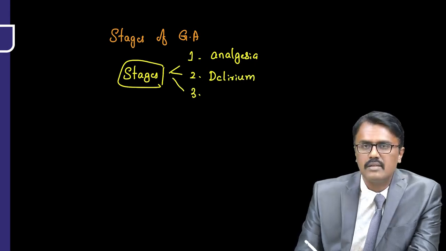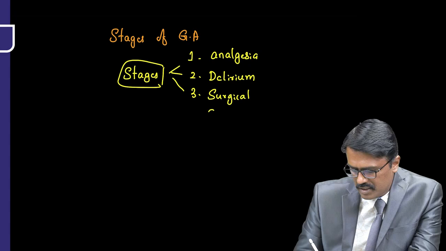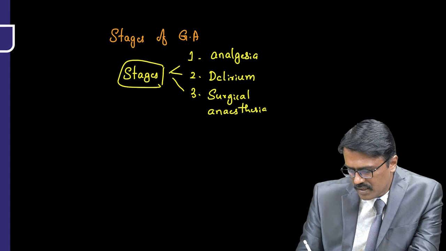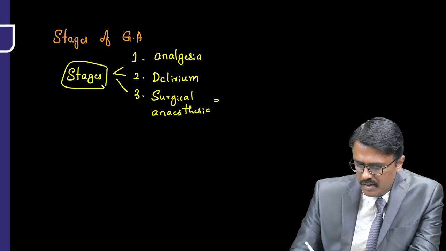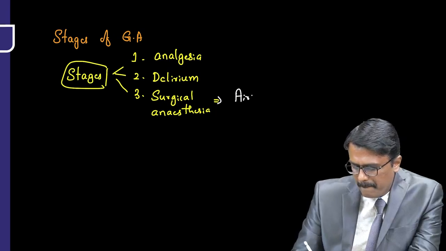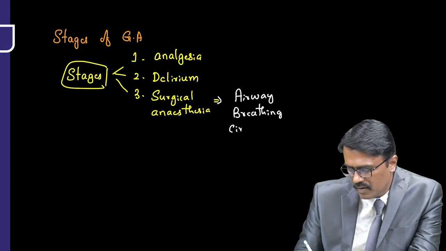The third stage is the stage of surgical anesthesia. This is the stage where the surgery is performed, and the anesthetist will maintain the airway, maintain the breathing, and monitor the circulation.